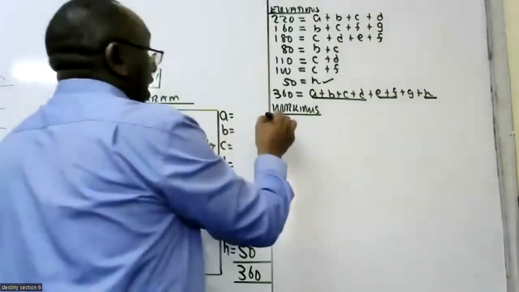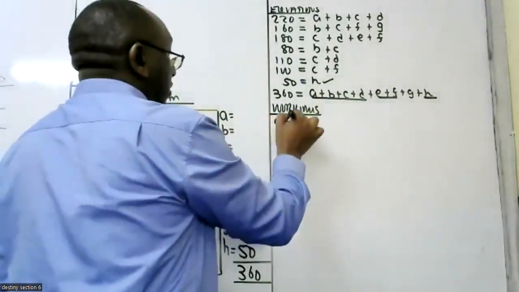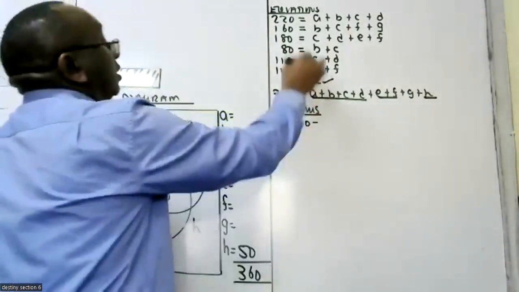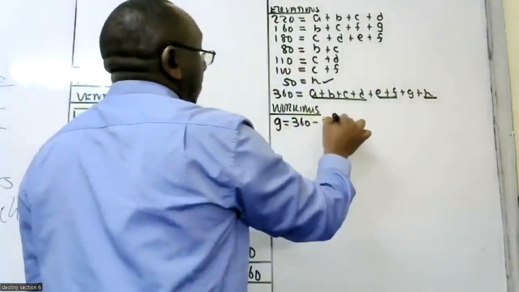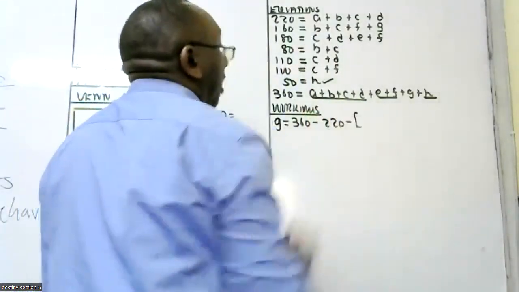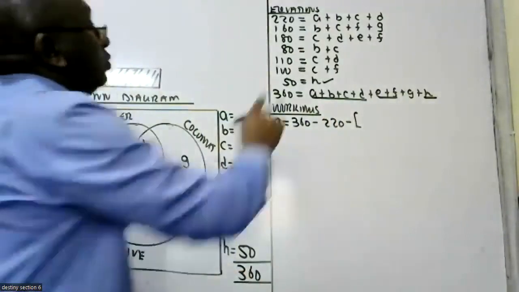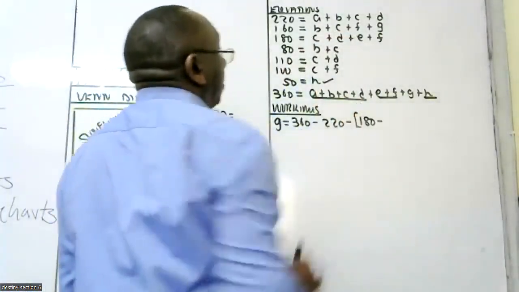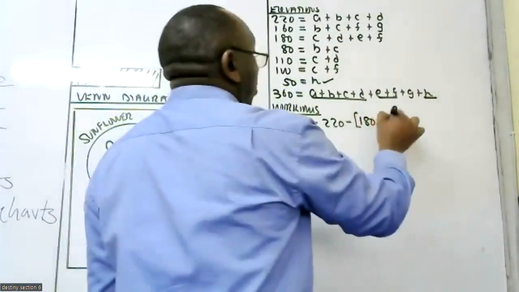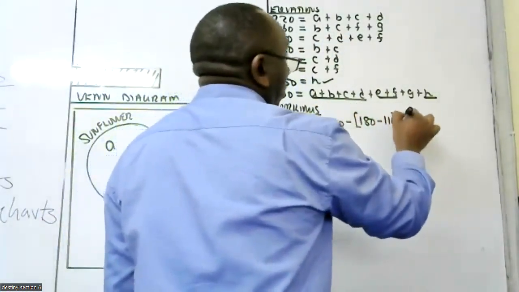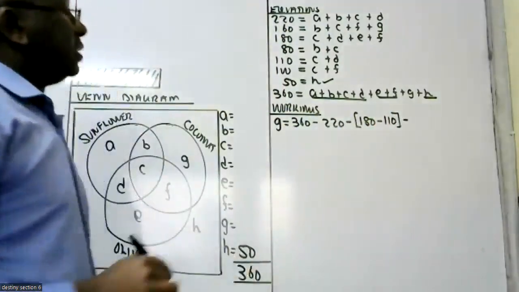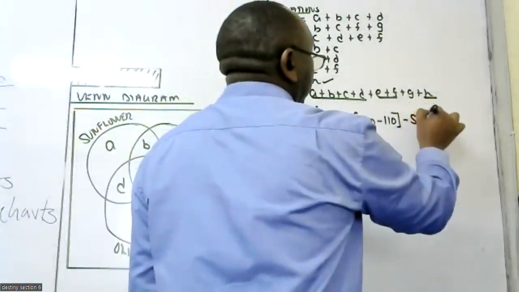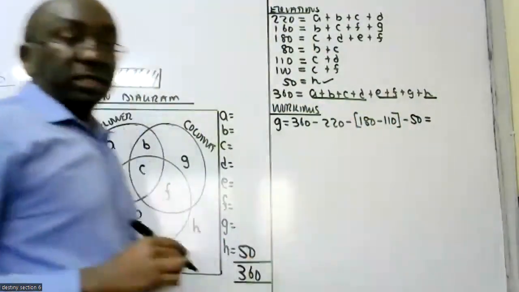So with that, I can argue that my G should be 360 minus A, B, C, D, which is 220, minus EF, which is 180, minus CD, which is 110, minus H, which is 50.